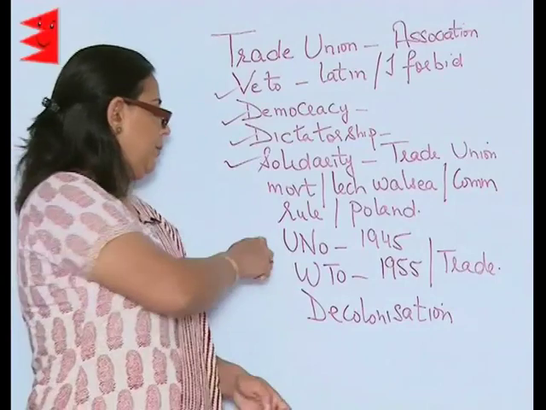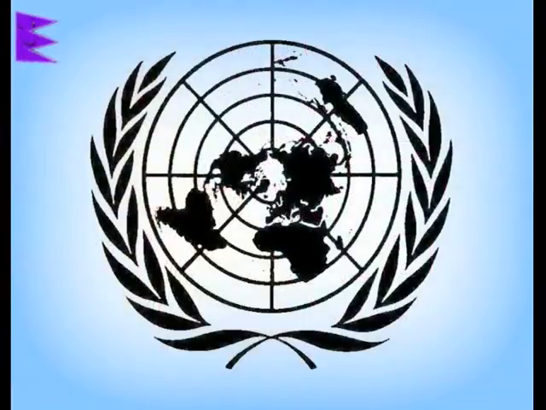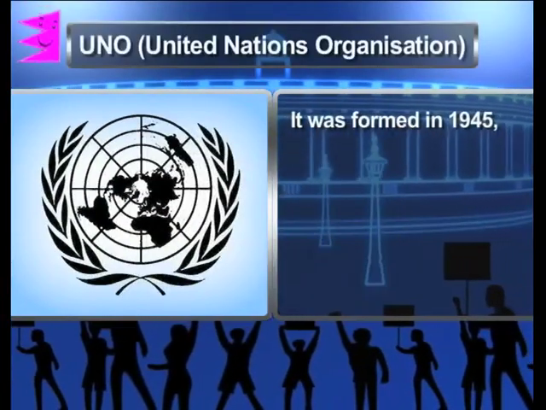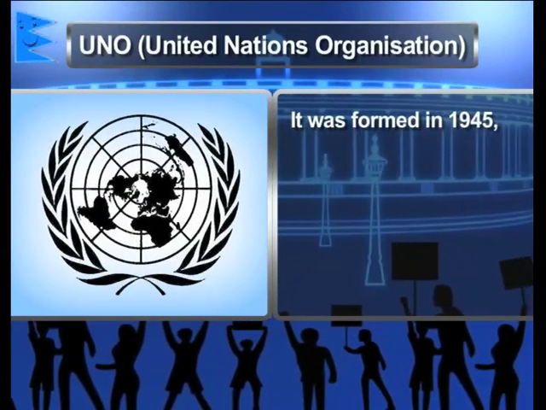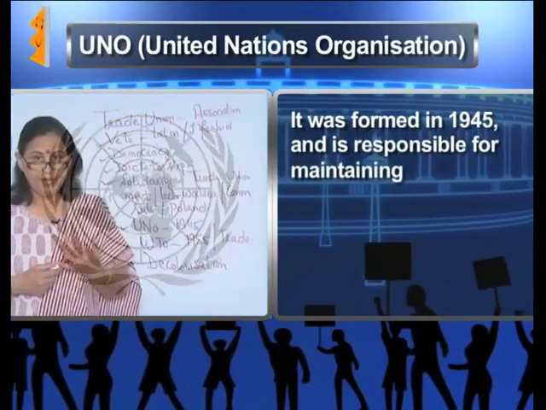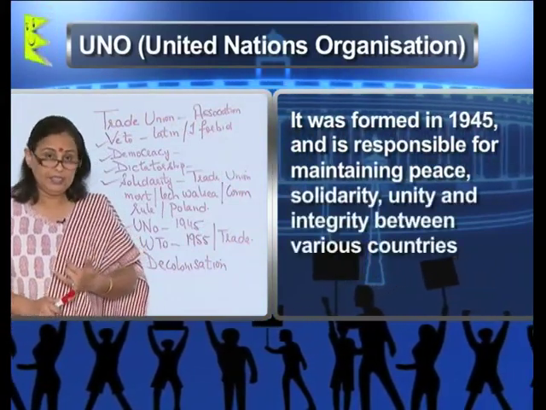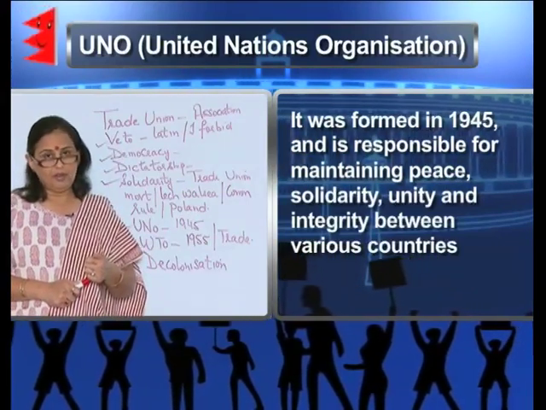Next is UNO. UNO or the United Nations Organization was formed in the year 1945. This organization is responsible for maintaining peace, solidarity, unity and integrity between the various nations of the world.